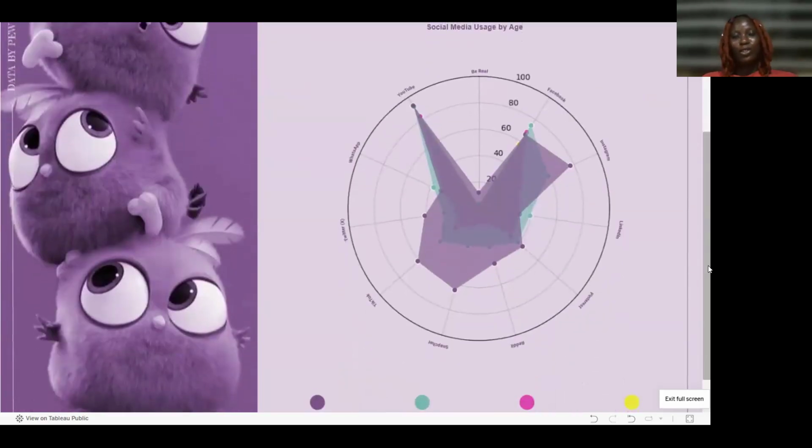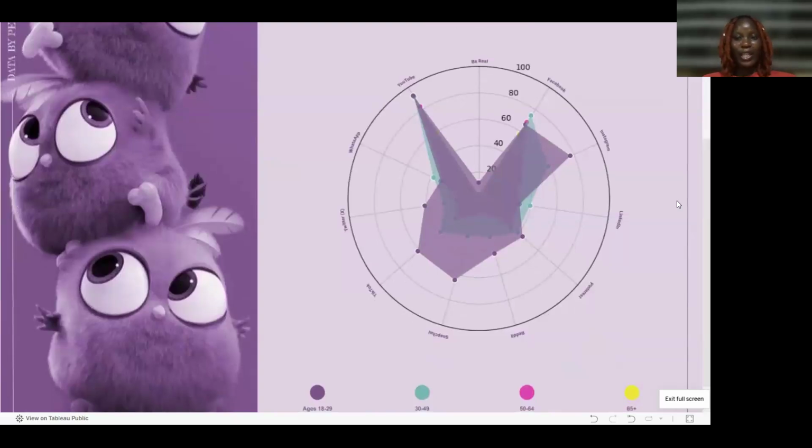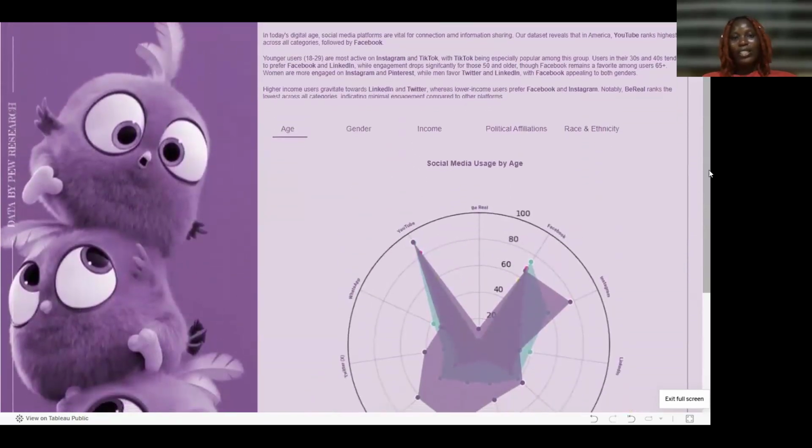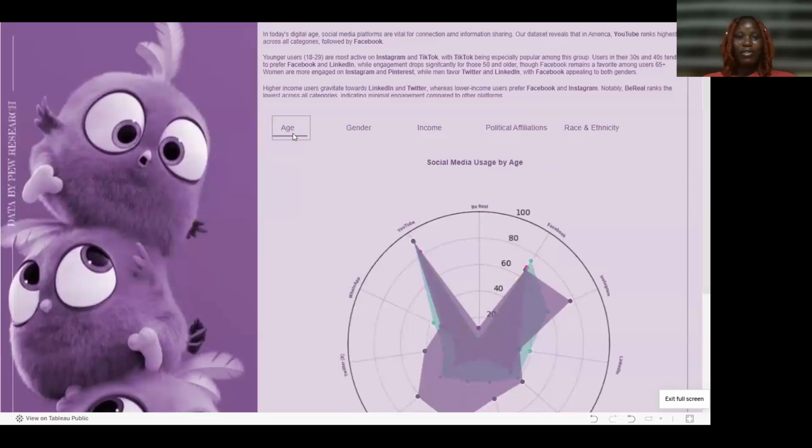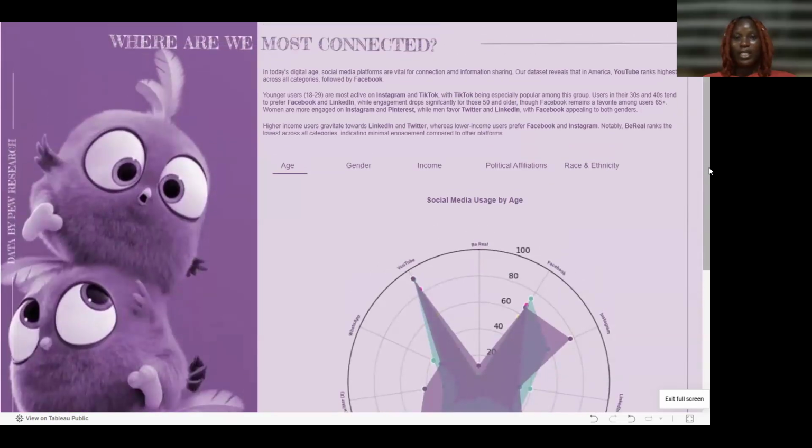I decided to tell the story by using this radar chart. So this has social media usage by age. These are my filters: filter by age, by gender, by income, political affiliation, and race, ethnicity. These filters slice where people are most connected online.